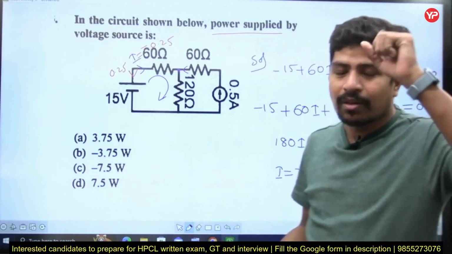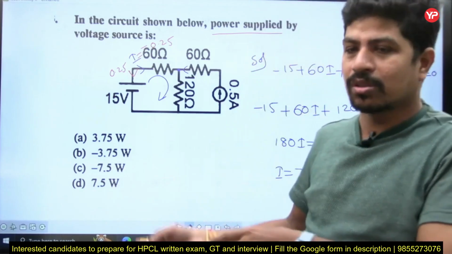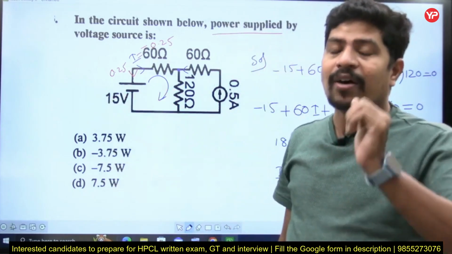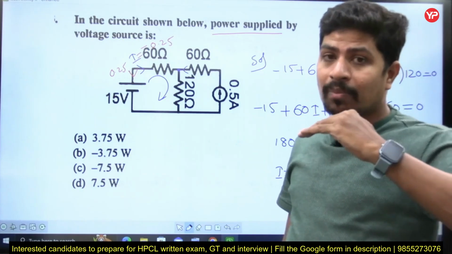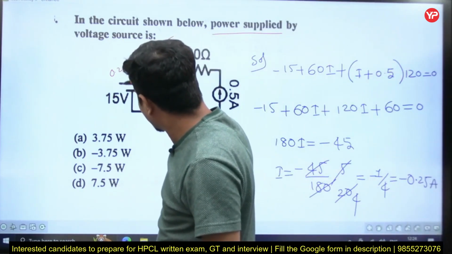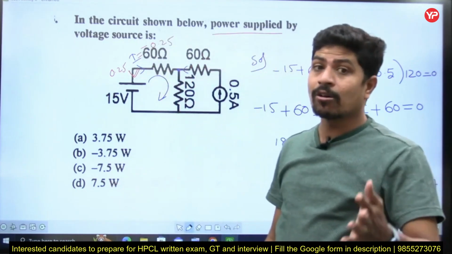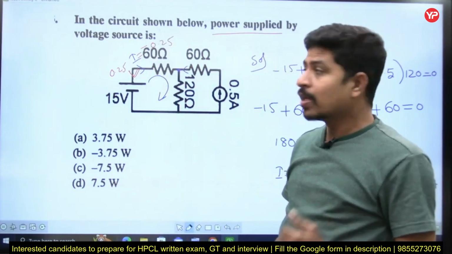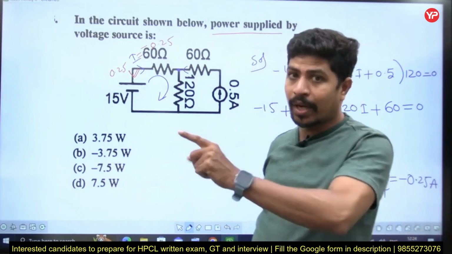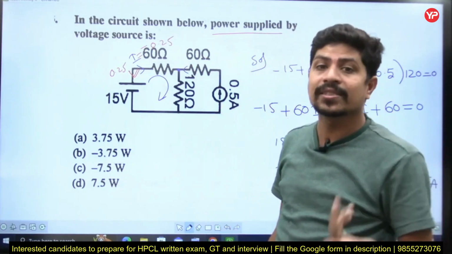A DC source, I am talking especially for this source, will supply power when current is leaving from the positive terminal, but here current is entering into the positive terminal. How much is it? 0.25. It is not supplying, it is absorbing power. But the question is about power supplied. It is absorbing a power of V into I, it is supplying a power of minus VI.